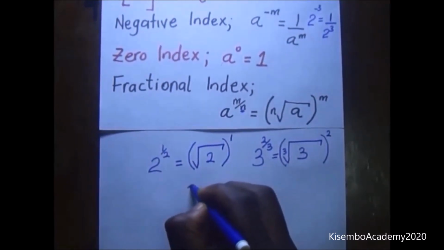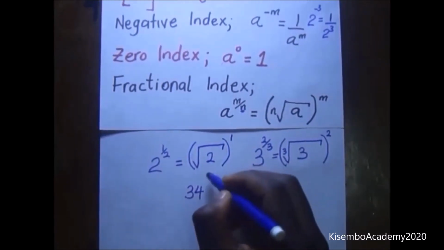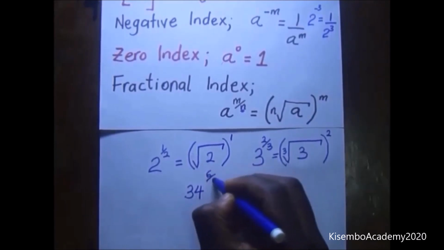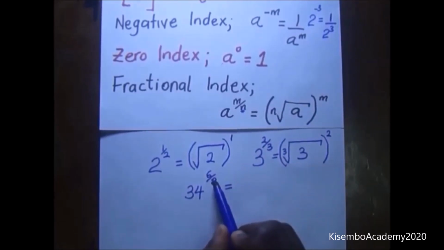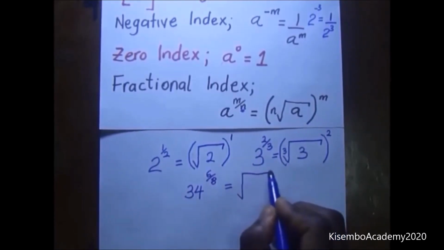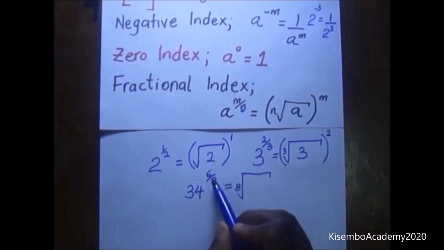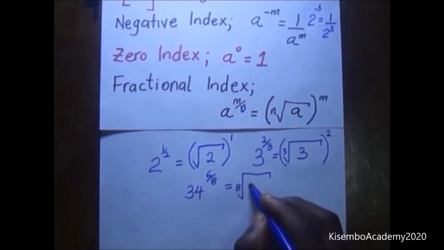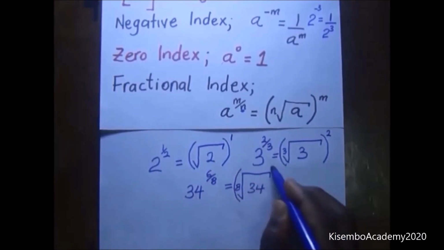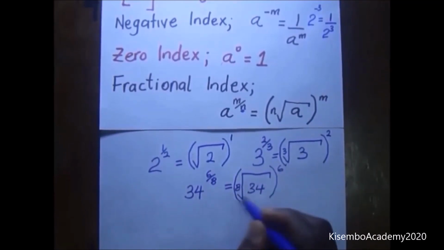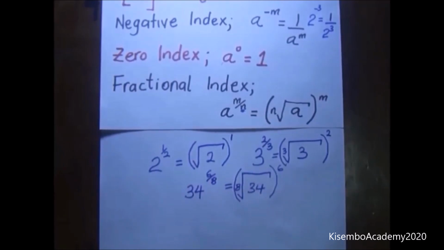If you have 34 to the power 6 over 8, this means it's now the 8th root of 34, but all this is to the power 6. Like that. That is how we deal with the fractional index.